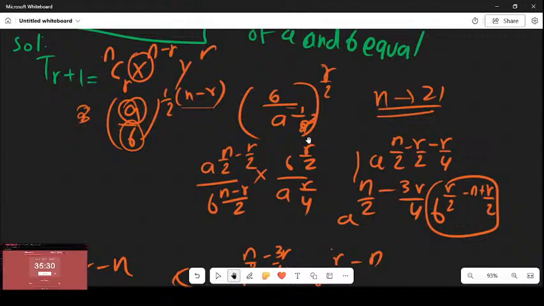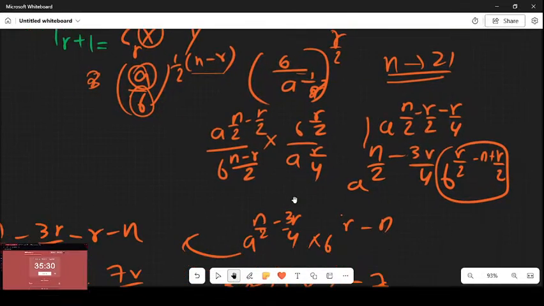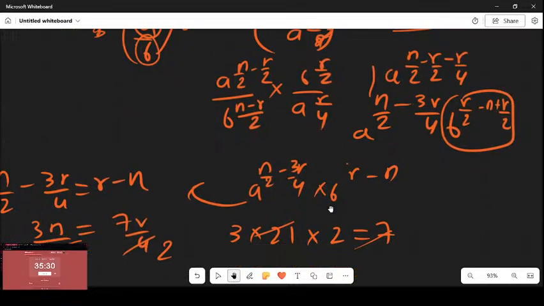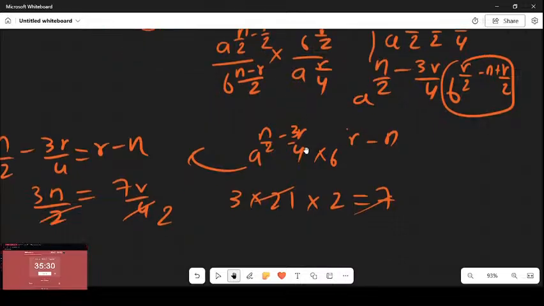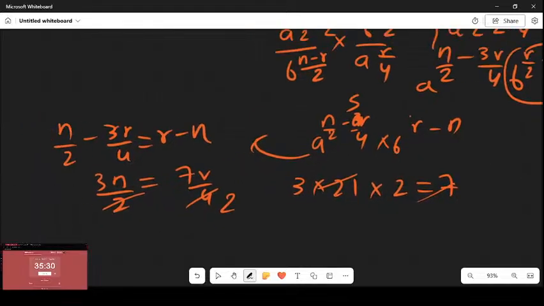And here it's n by 2, r by 2, and if I take them separately, it will become double. Then I just subtracted, and actually it was supposed to be minus 5.